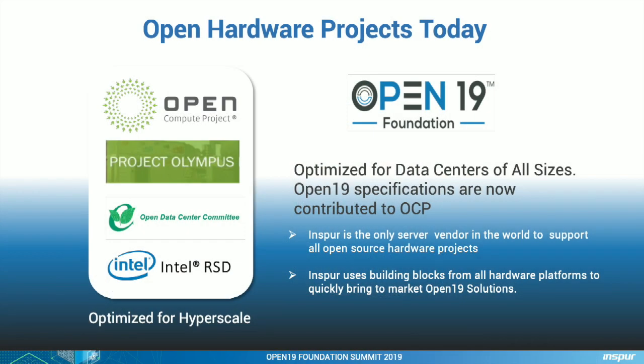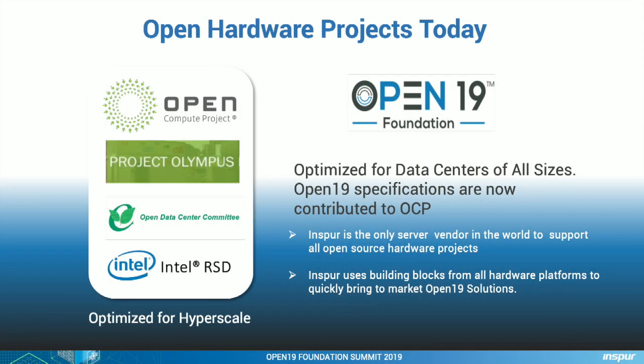OCP was started by Facebook, Project Olympus by Microsoft, ODCC by Alibaba, Baidu, and Tencent. And Intel RSD is a software-defined data center solution, which is also optimized for hyperscale. So the only solution out there that fits data centers of all sizes is Open19.